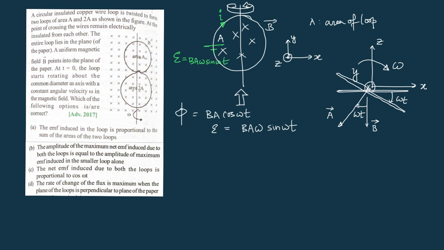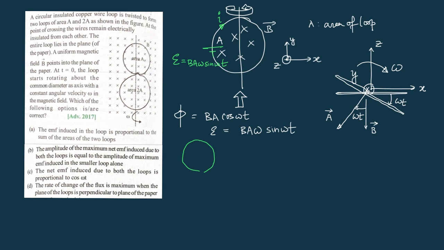Now in this problem, see what happens here. There are two loops, and if you look at the turn in the loop, the wire passes over and it is like this. So if you see the upper loop of area A, you can put a battery here, say E1, and in the lower loop similarly you can put a battery E2.